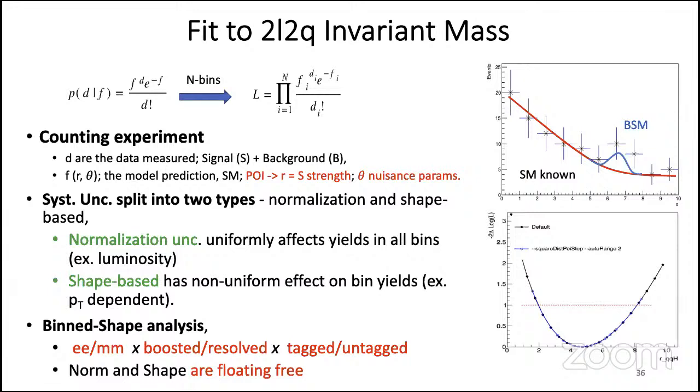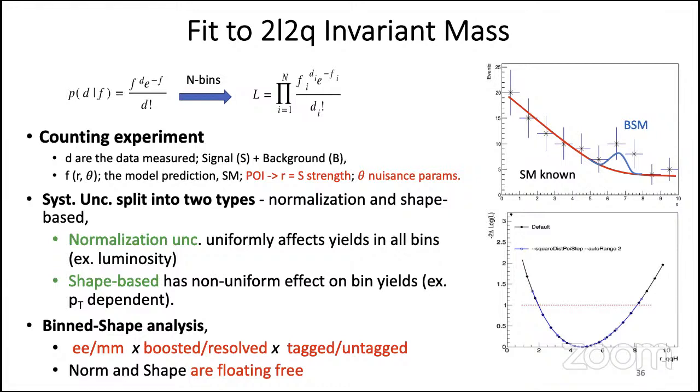For the uncertainties, we split into two types: normalization and shape. Normalization uncertainties affect uniformly the yields in all bins. For example, the luminosity, where if we vary the systematic uncertainty, the distributions are displaced up or down at the same time.